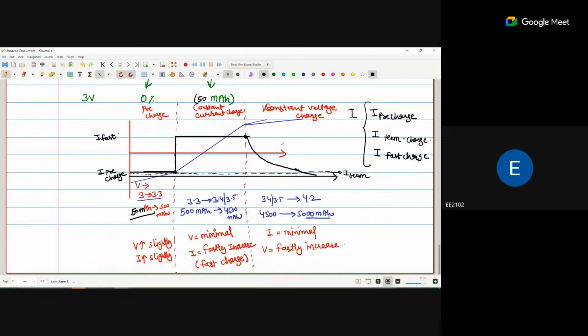Okay, any doubt? But that current is not sufficient to do any operation, so because of that, my device will be off. If you are having a mobile phone, like an iPhone, after your battery discharges, your mobile will switch off.